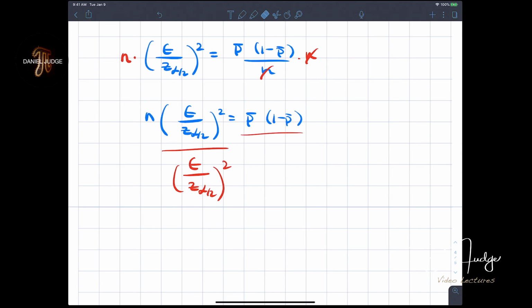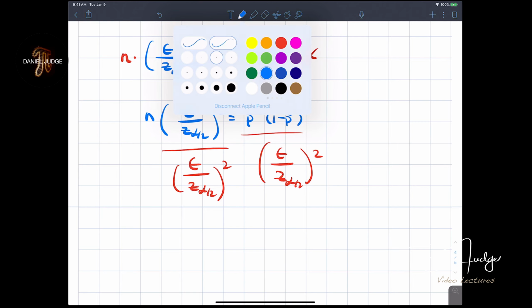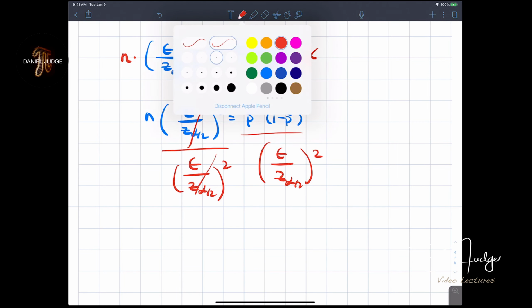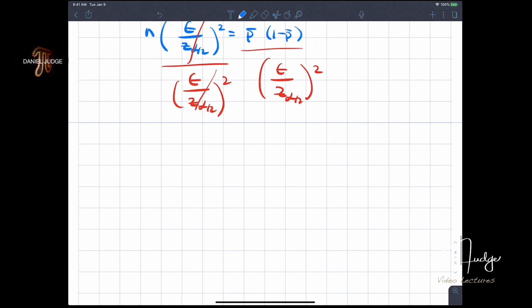And you're going to get your cancellation again. And then you get what's called a complex fraction, which is sample proportion 1 minus the sample proportion divided by E over Z alpha over 2 squared.